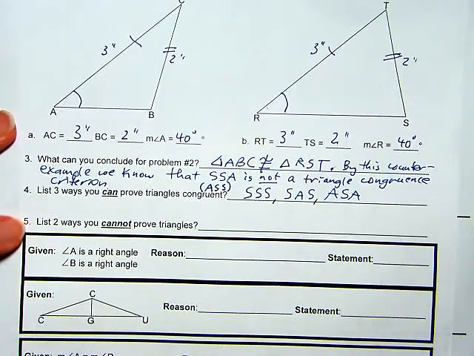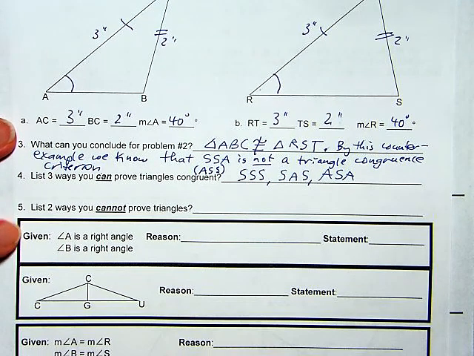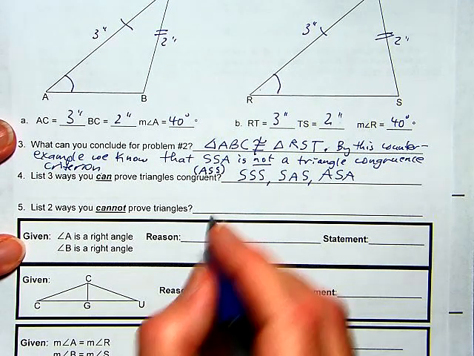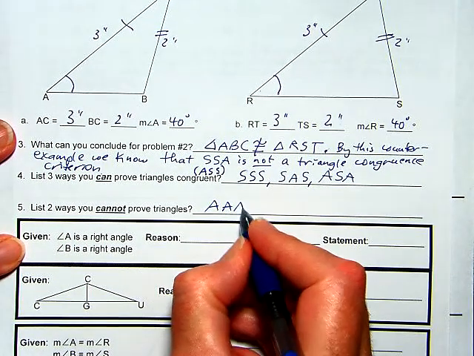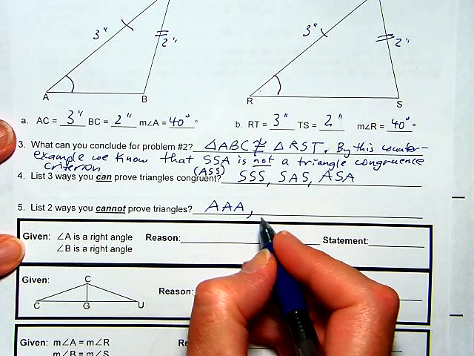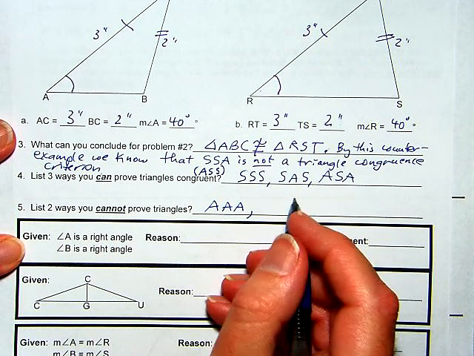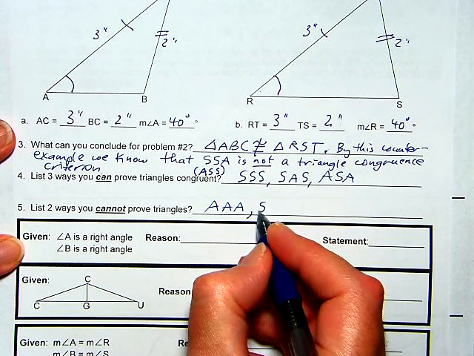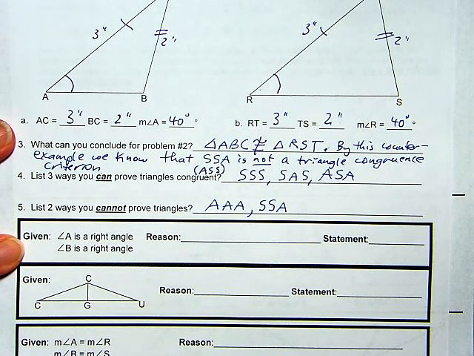What are 2 ways that we've seen so far that you cannot prove triangles being congruent? Angle, angle, angle. Okay, we did that in the last lesson, as well as what we did today, side, side, angle. Okay, so angle, angle, angle, or side, side, angle are ways that we can't prove 2 triangles being congruent.